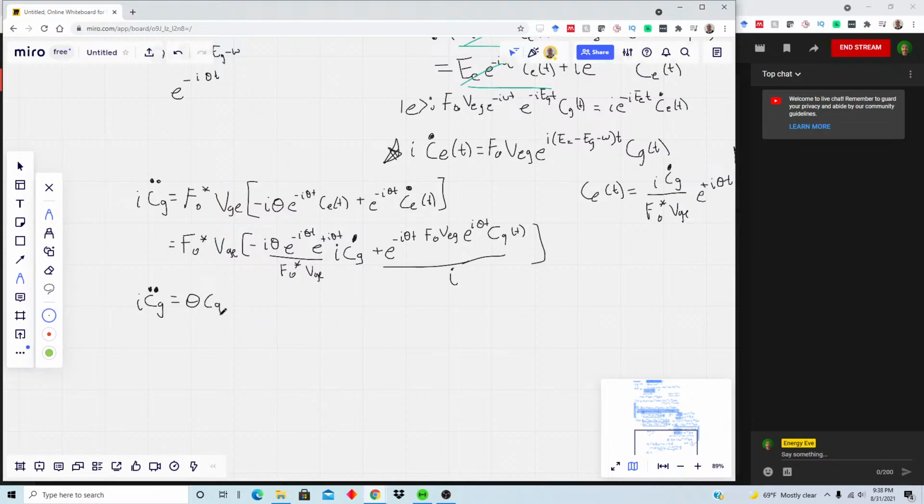Times theta. And then when we plug this stuff into here, notice that these two terms are complex conjugates of each other. So they're actually going to end up being the absolute value of these terms.